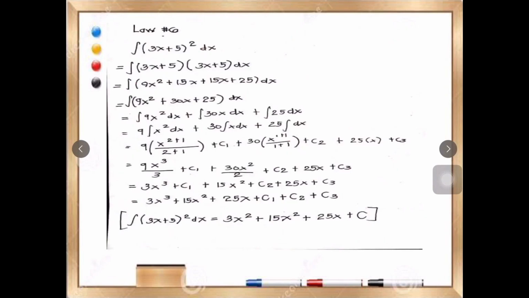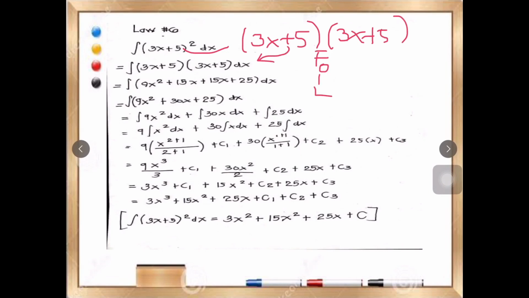In our law number 6, it is addition. So, expand muna natin ang given. Magiging 3x plus 5, then 3x plus 5. Ito yun. Then, apply FOIL method. First, 3x times 3x, 9x squared.